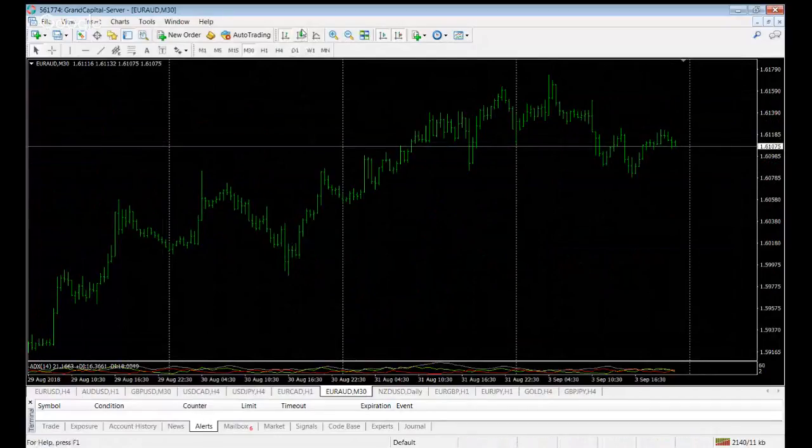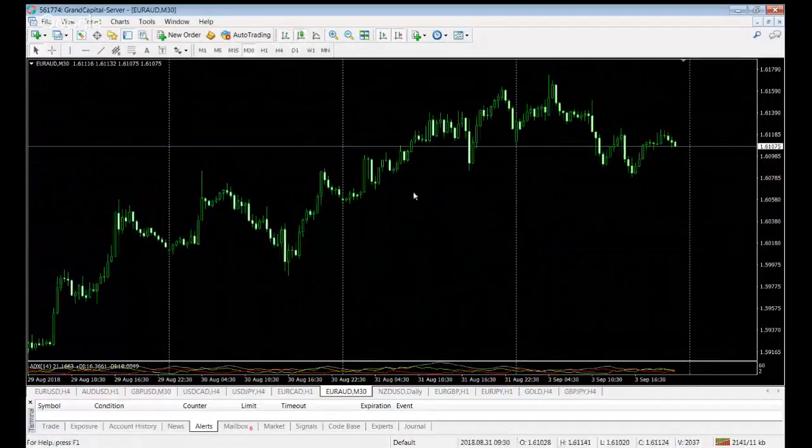Now we go to the candlestick. Here we have the candlestick. This one shows the clear picture of the reaction of the market. We get a clear picture of the reaction of the market when we use the candlestick chart.